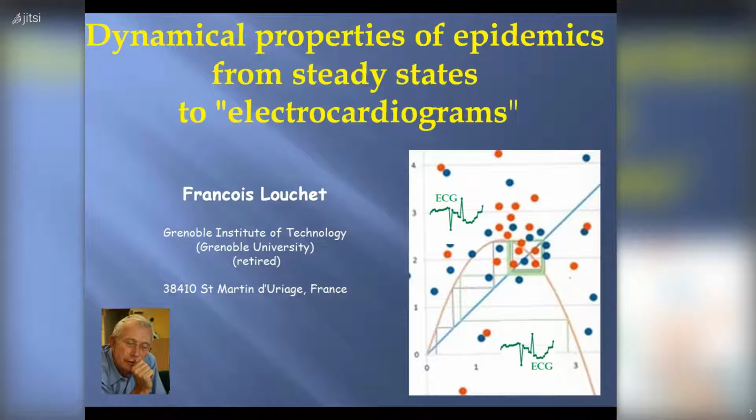ECGs are electrocardiograms, these funny things you see here schematically, which you record when you visit your cardiologist. And they also exist in the case of epidemics. And that's what I would like to convince you of.